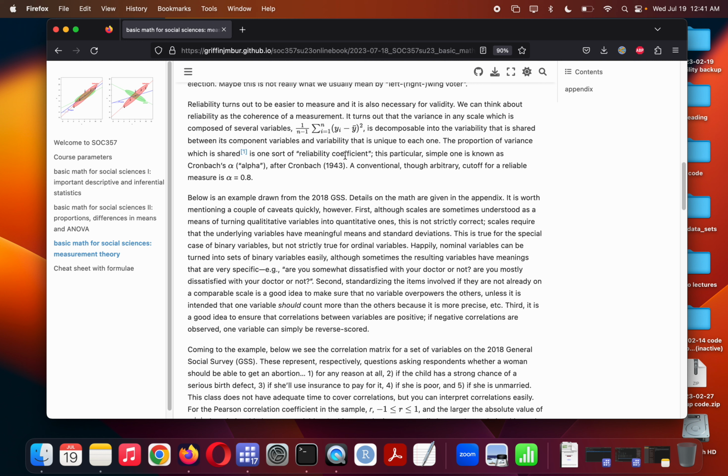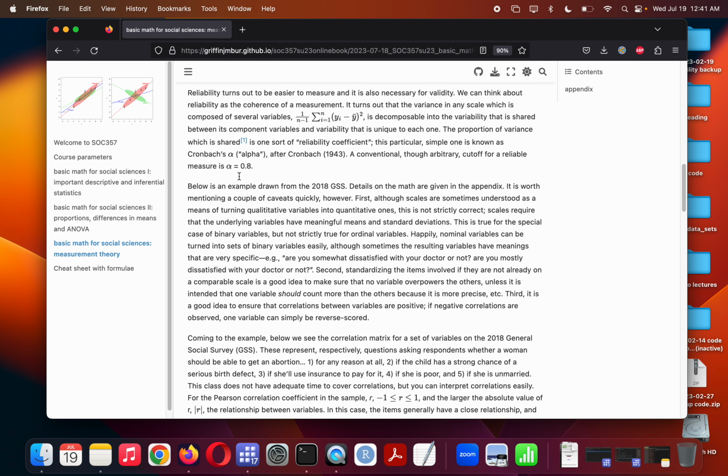A conventional, although arbitrary, much like 95% confidence is arbitrary, although widely used and not ridiculous, but there's simply no reason to pick that particular value other than convenience. So a conventional, though arbitrary, cutoff for a reliable measure is an alpha of 0.8.